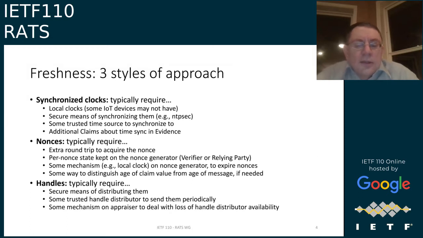Let's say that you could somehow introduce a large delay between the handle distributor and the handle receivers, then you could expand the freshness window, the window of how old things can be, to whatever value you wanted. And so you could do replay attacks within that if you could do delays of handles on both sides. And so you'd have to design some way of dealing with that. We don't say how you do that, but you could potentially do it with local clocks.